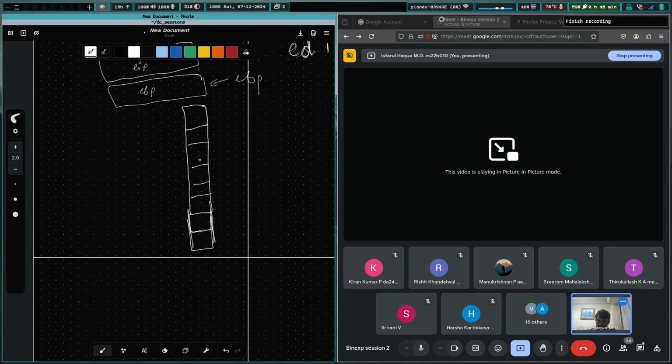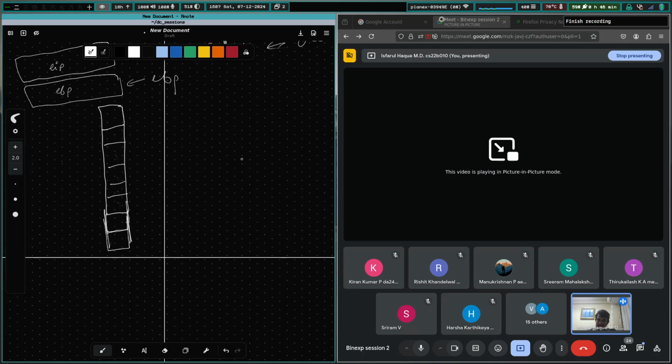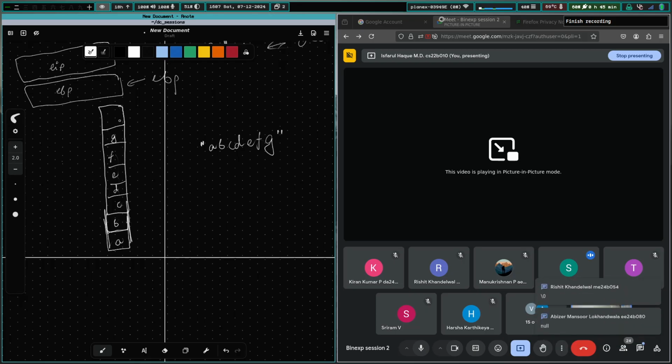So this is a buffer, and let's say the string that was stored was A, B, C, D, E, F, G. In memory, it will be A, B, C, D, E, F, G, and what would come here? Backslash 0, null.